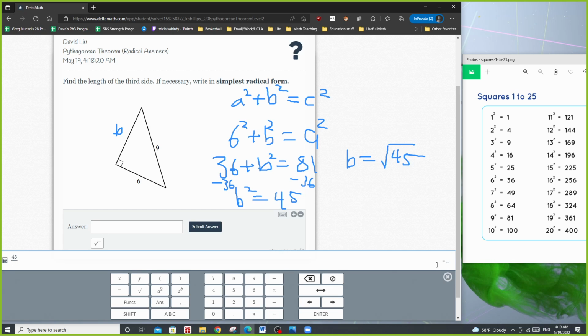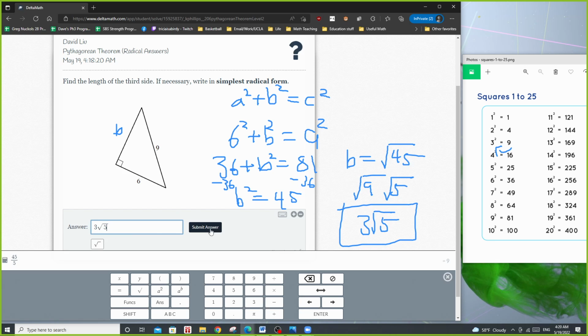So 2, 3, no, 4, oops, 4, 5 happens to work, and 9 is also a number there, right? We can split this into 9 and 5. Then 9 becomes the 3. So you put 3 rad 5. This is your final answer, okay? This is simplest radical form. 3 rad 5.